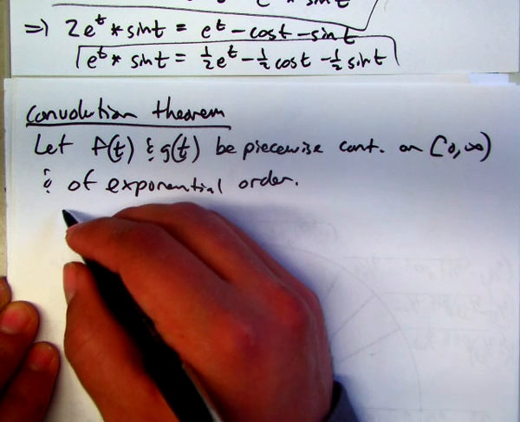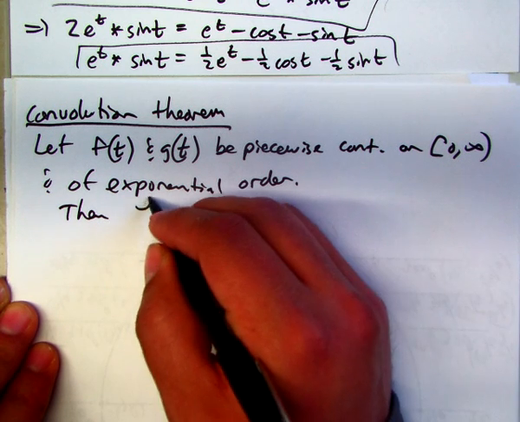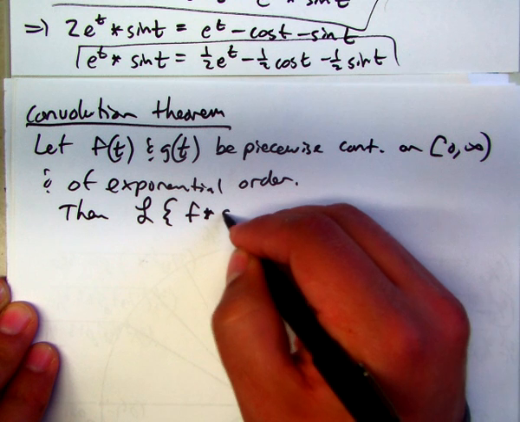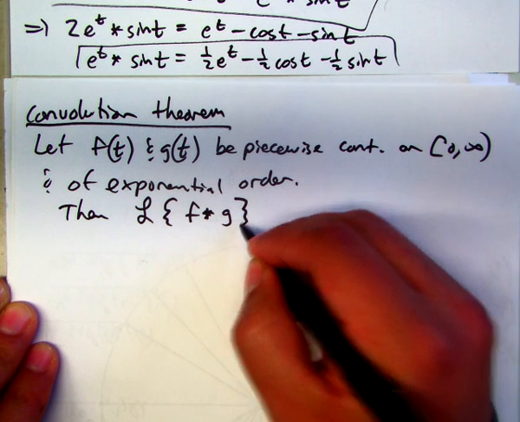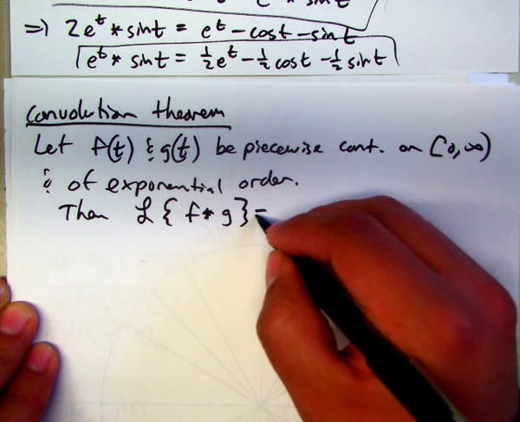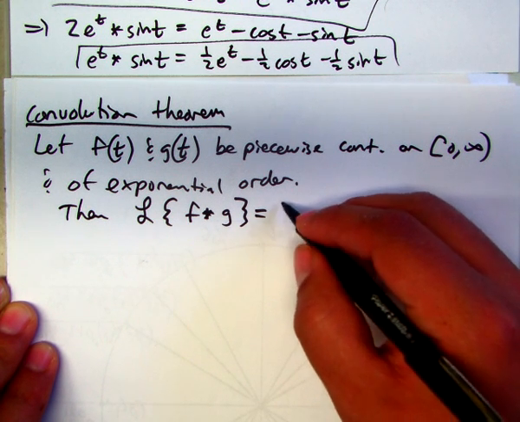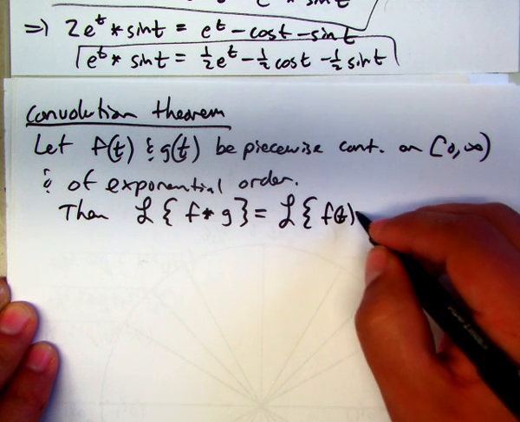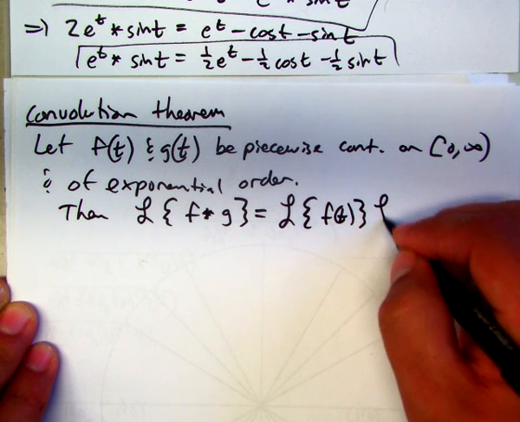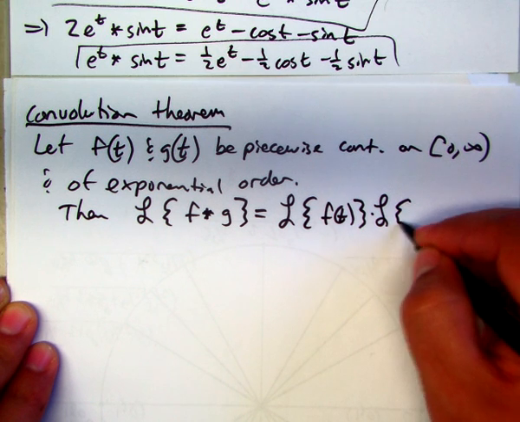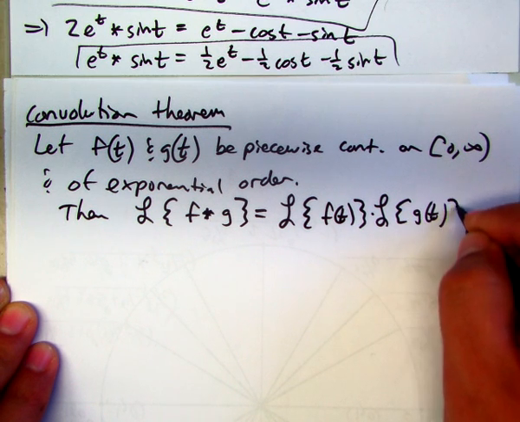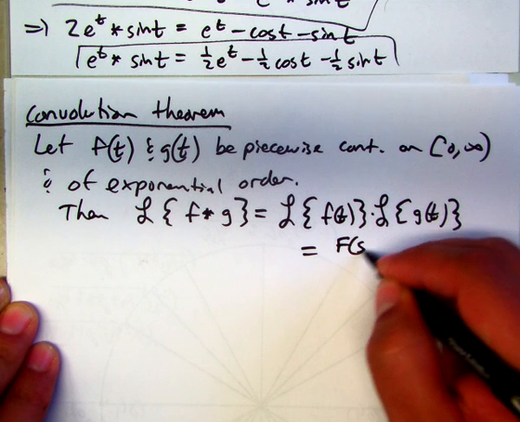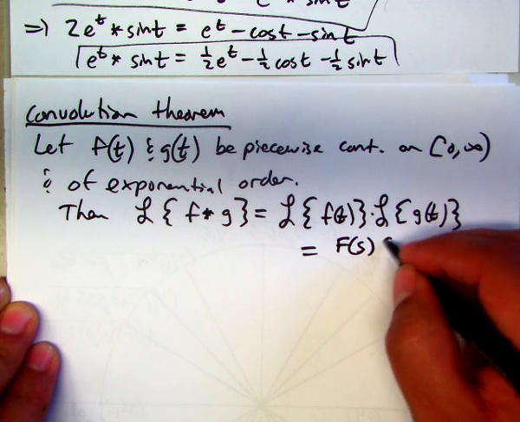Then the Laplace transform of a convolution of f and g is simply equal to the Laplace transform of f times the Laplace transform of g, which is the same as capital F of s times capital G of s.